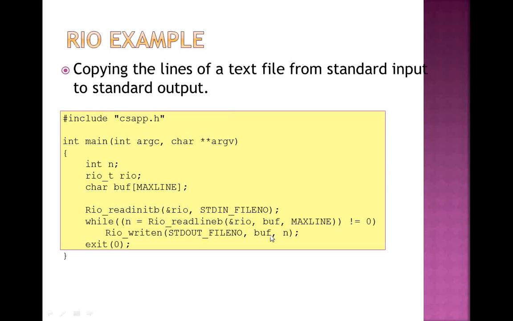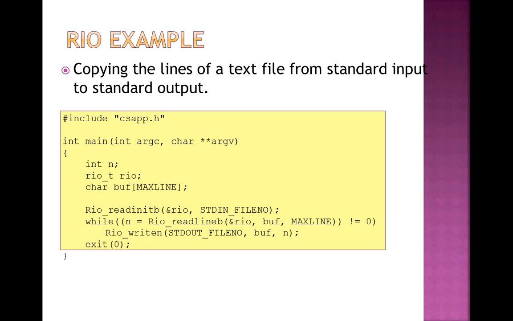This is the warning. This is the example, the same example which we have studied, that is copying the lines of a text file from standard input to standard output. That is how to copy the text lines, not the binary data. So remember, this is the case of the buffered input function that is done by using read init B and read line B. Why read line B?